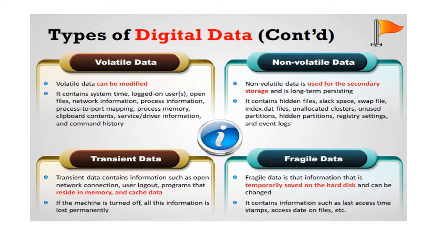Fragile data contains information such as last access time, last access timestamps, access date on files, then the date when a particular file was last modified. That's an example of fragile data.